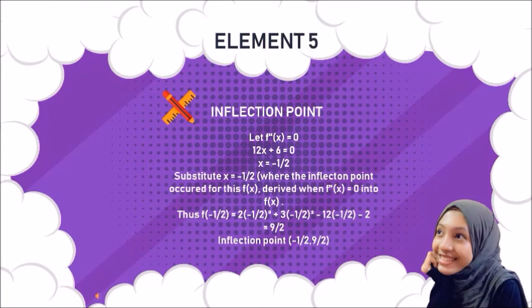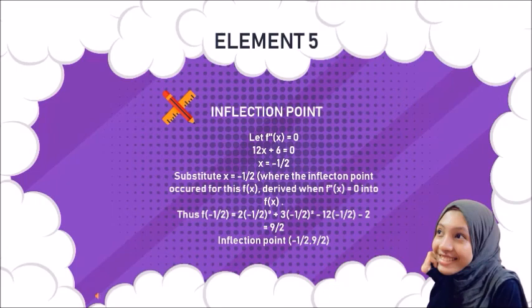Next, to find the inflection point, we let f double prime x equal to 0, which means 12x plus 6 equals 0. When we solve the equation, we get x equals -1/2.